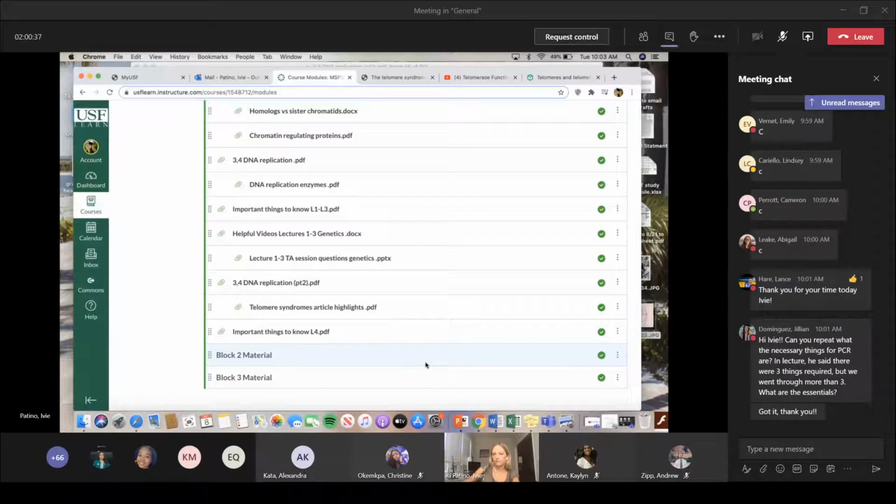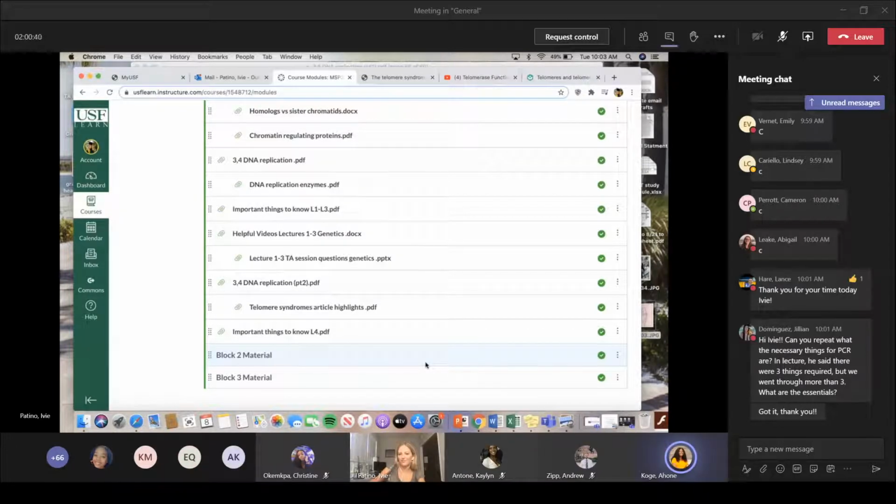Hi, Ivy. You said that when RB is heavily phosphorylated, there's no binding with E2F, and that's what activates transcription? Yes. E2F will recruit a HAT.